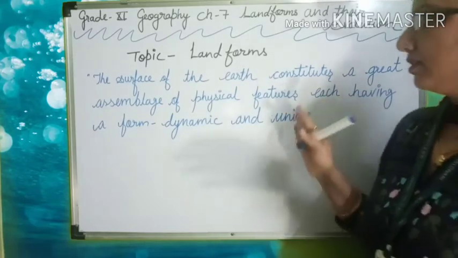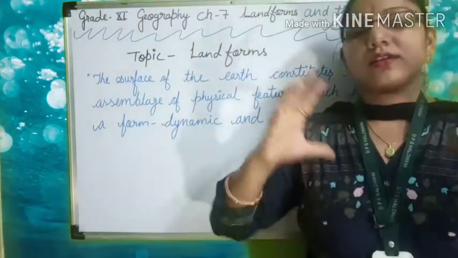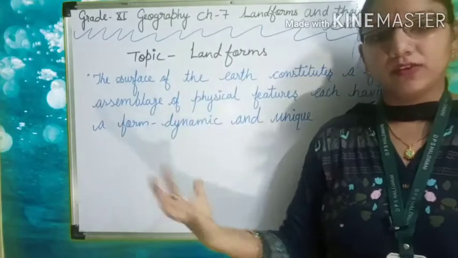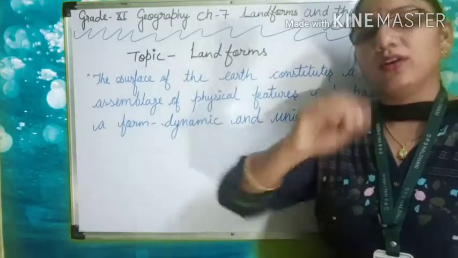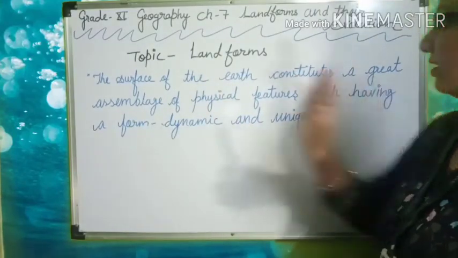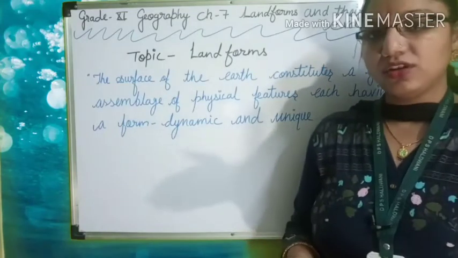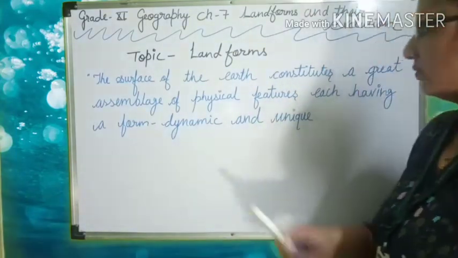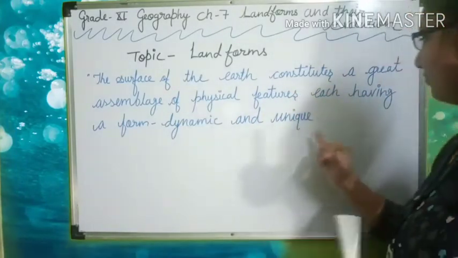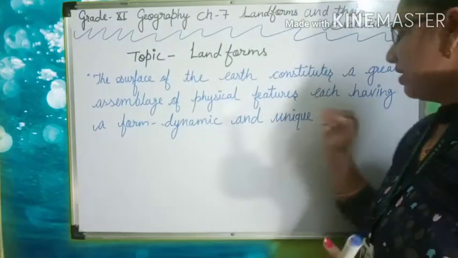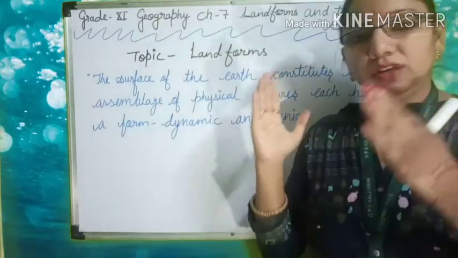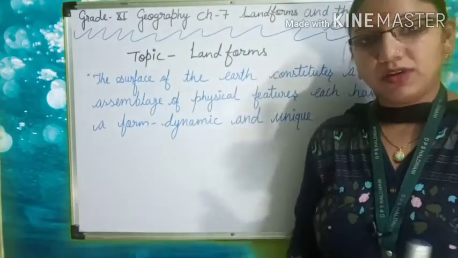So students, the definition is saying a landform is a part or an area on our earth surface or in our earth crust, and it has a great assemblage, meaning a kind of sedimentation due to the weathering activities. Students, each physical feature, that means each type of landform, has dynamic and unique shapes.